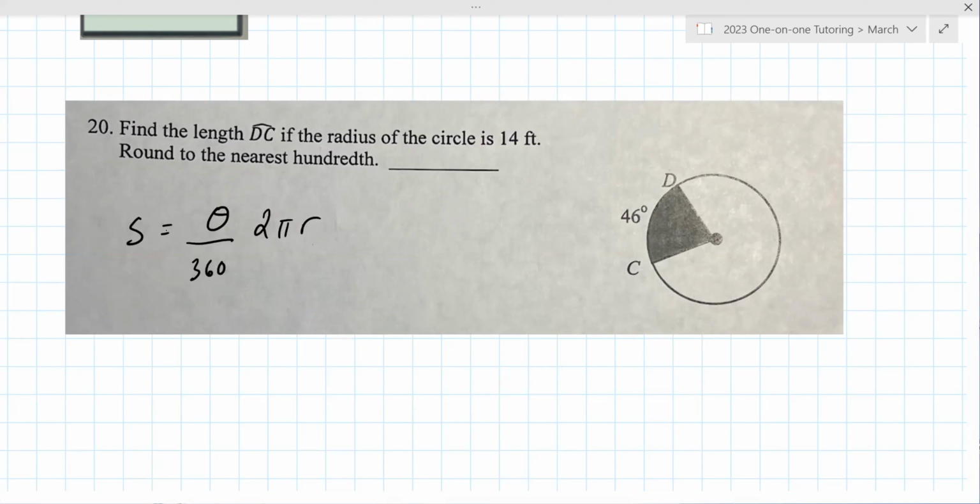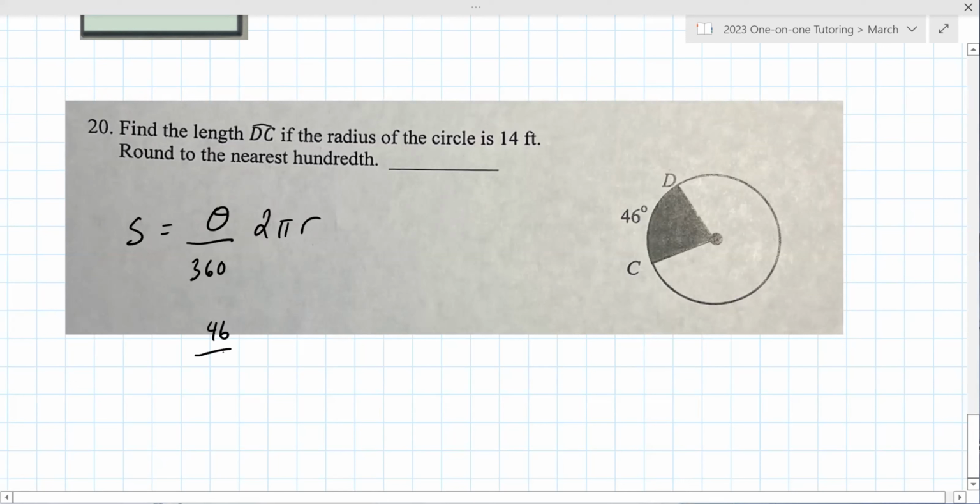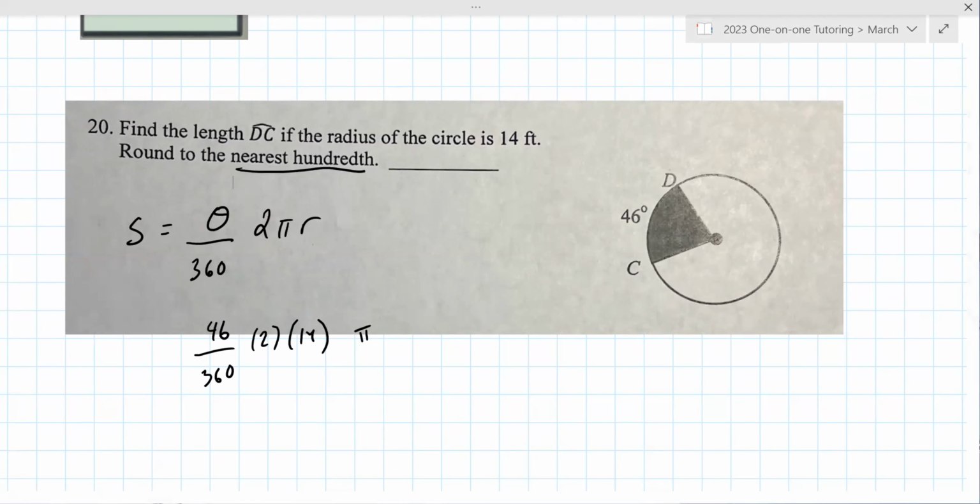So you're going to go 46 over 360 times 2 times 14. Oh, I'm sorry, this one says round to the nearest hundredth. So just throw it all in the calculator, 2 decimal places on that.